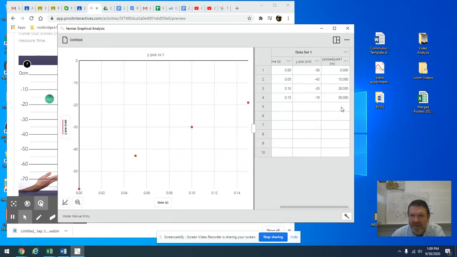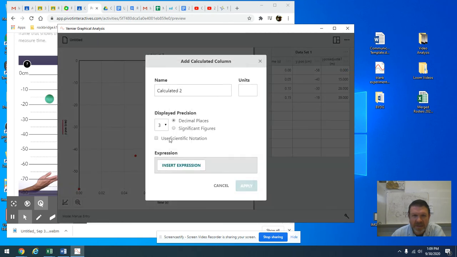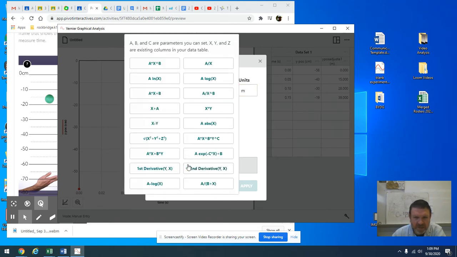So there's that. And then I'm going to make another calculated column. This is a little bit easier to do in Logger Pro, in my opinion. So this is Y position adjusted 2. Going to be in meters. Oh, I guess the units for this one, that's not meters. So I have to go back and edit that. I think it'll let me do that. Insert expression.